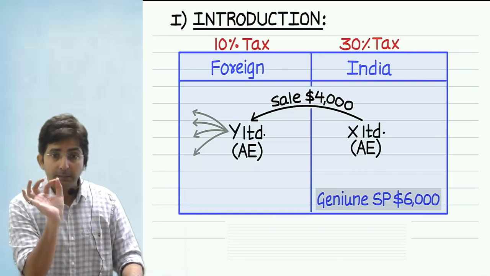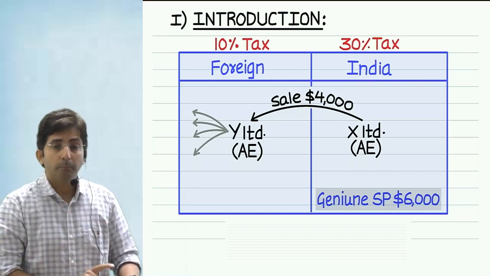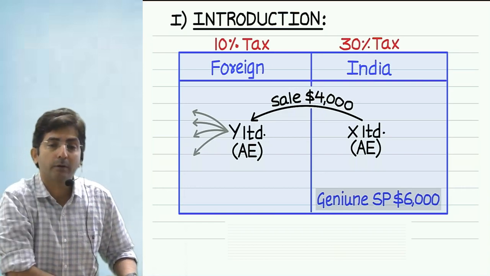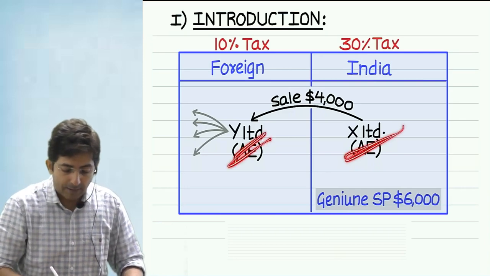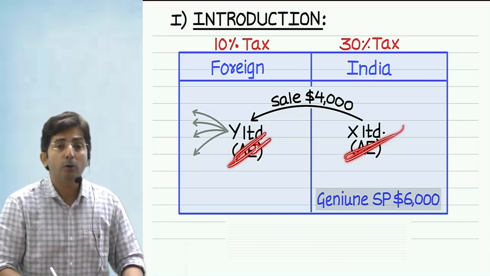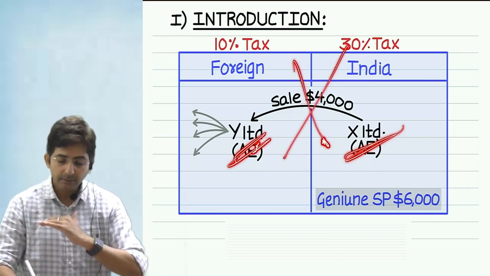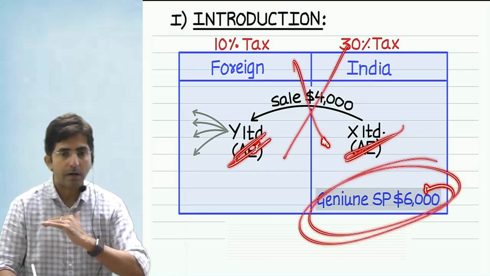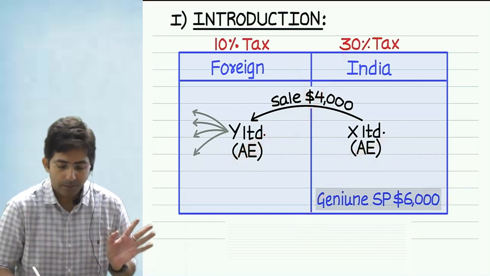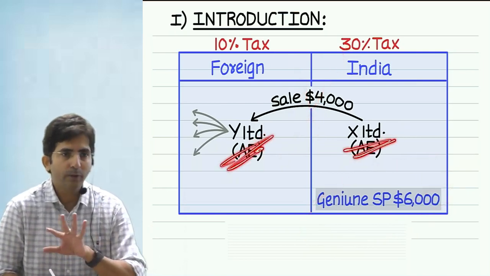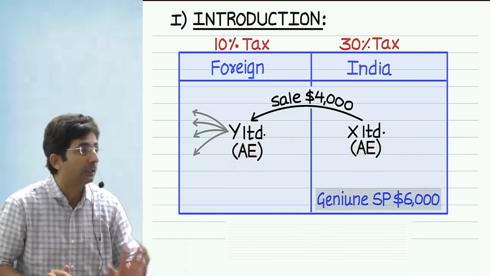But actually there is a proper definition of associated enterprise. Tell me why that definition is important. Because only if it is proved that X and Y are associated can the law confidently reject your price and take the genuine price as a base, which is called arm's length price. But if the assessee is able to prove that he and Y are in no way associated, then even if you show less than 4,000, they will have to accept.